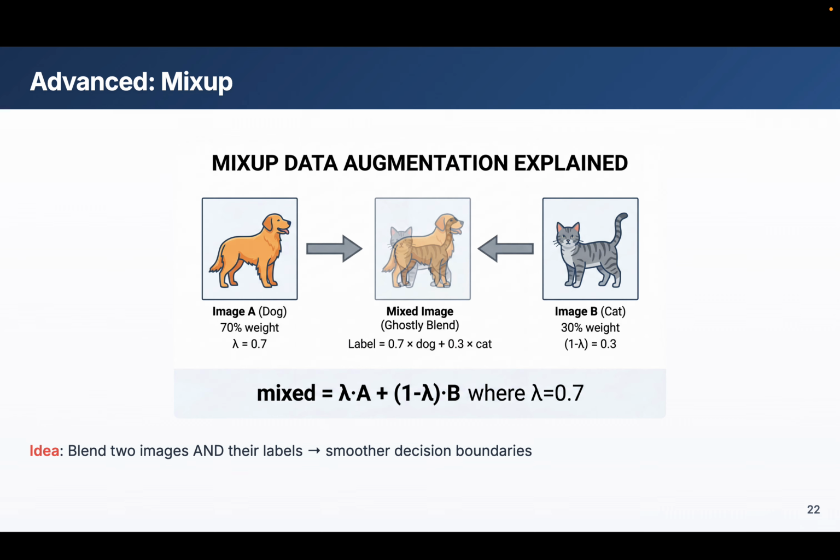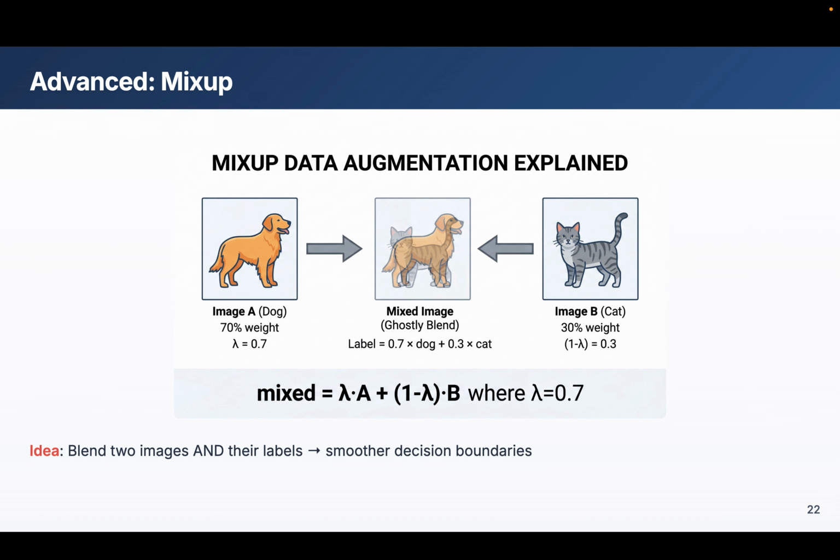So you're able to create such non-existent concepts in the image through this mixup. And in the literature, it's shown that it can help smooth the decision boundaries between the two classes.